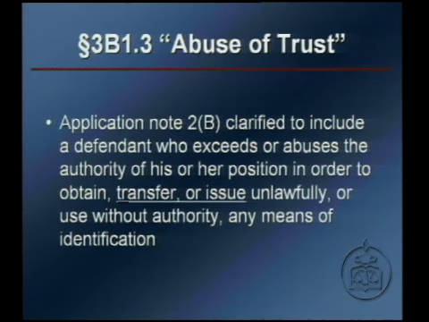The application note now specifies that a defendant who exceeds or abuses his or her authority in their position in order to obtain, transfer, or issue unlawfully or use without authority any means of identification shall be subject to this enhancement. And the change there is the insertion of the language of transfer or issue. So a defendant who is using or abusing their authority in transferring or issue means of identification is subjected potentially to this enhancement at Chapter 3.